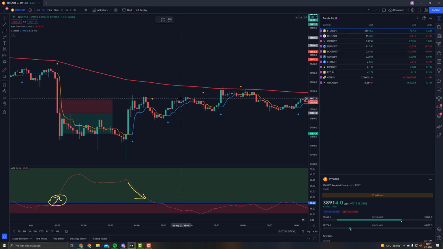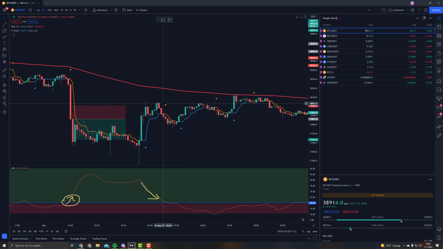Right here, it would have stopped out, but this is also a position where I would not take a short position, because you can see that the ADX is going down and it's almost underneath the 20 line. So you know that the ADX is bearish, but you want it actually to be bullish in these positions, especially when it has been up like this for a long time. You know it's going back soon.